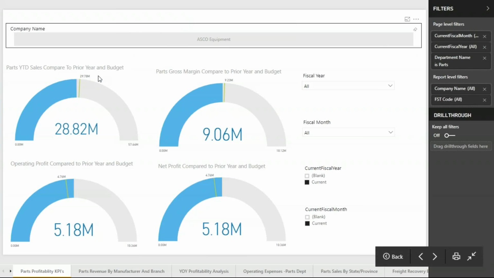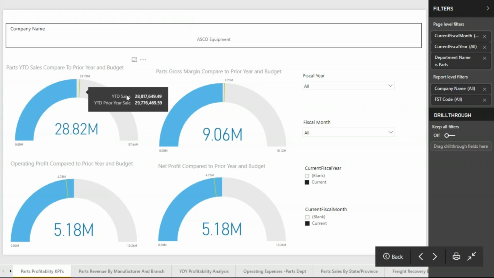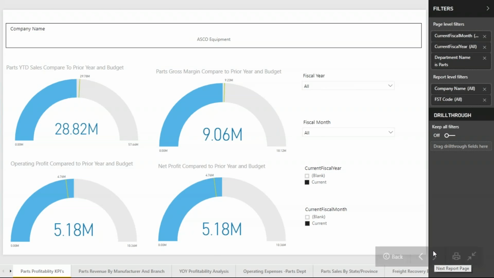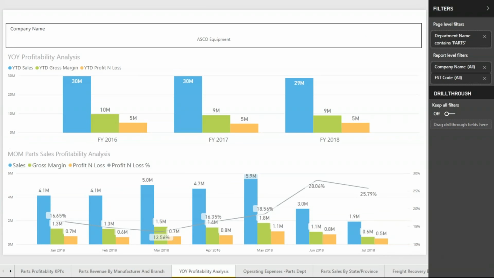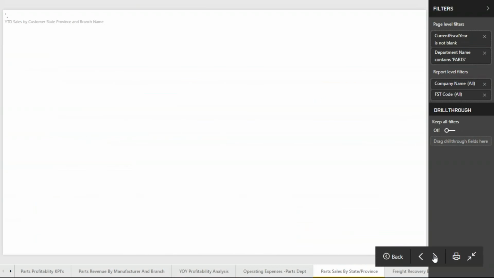I need to push this change. But this is essentially giving you your profitability numbers or your sales numbers for the parts department only. It's very similar to what we saw in the profitability analysis, so I'm not going to go through the details. I'm just browsing through it too.